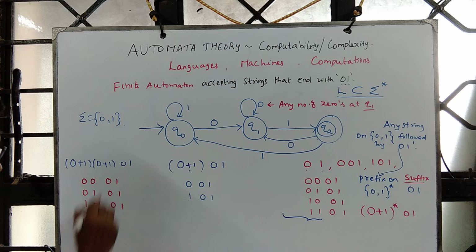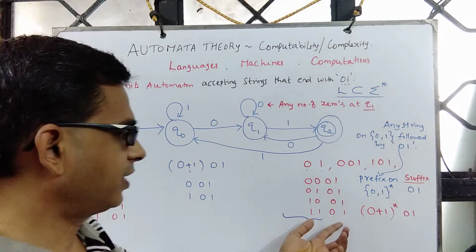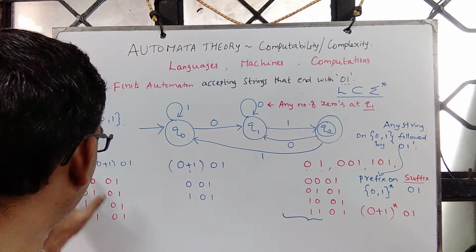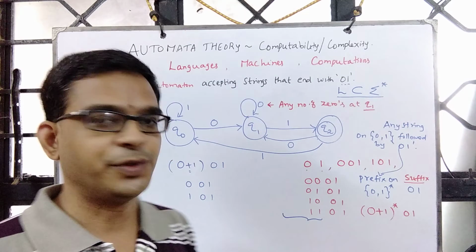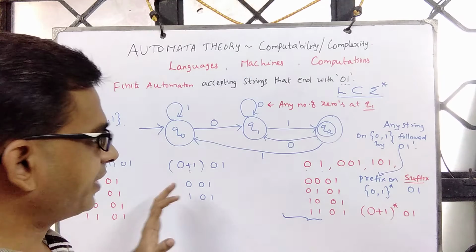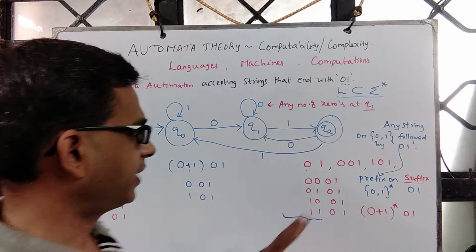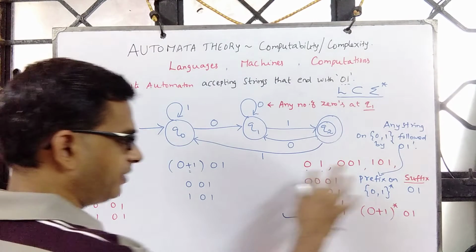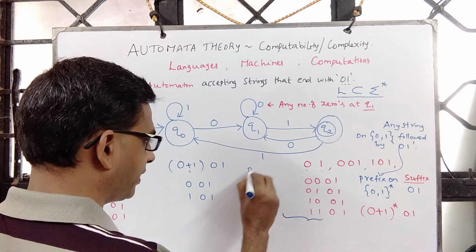From this it is 1, this followed by this. That's precisely what we arrived at here. So that says 0 plus 1 star followed by 0 1. Now any string on 0 1 followed by 0 1 is precisely represented by this. So this succinct way of representing this is called regular expression.